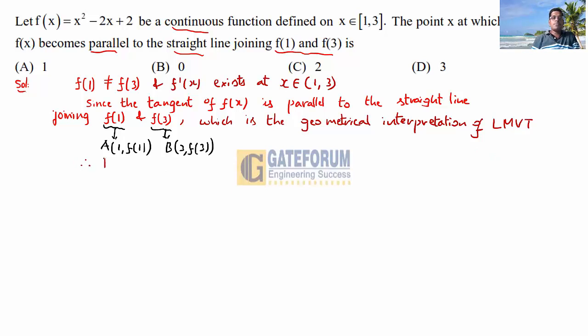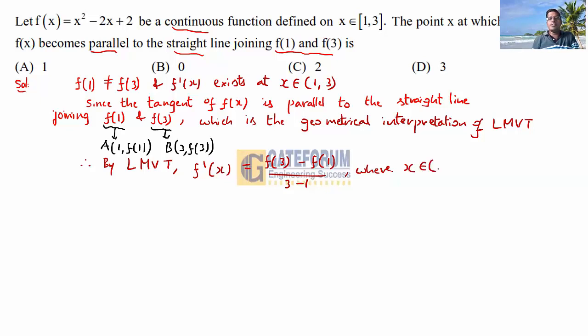Therefore, by Lagrange's mean value theorem, we have f'(x) = (f(b) − f(a)) / (b − a), where this x is a point in the open interval (1, 3).